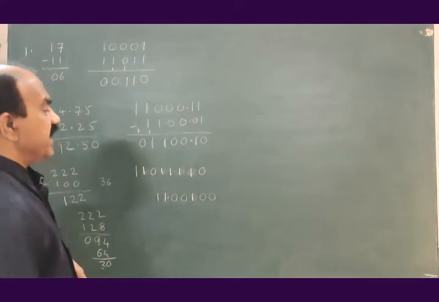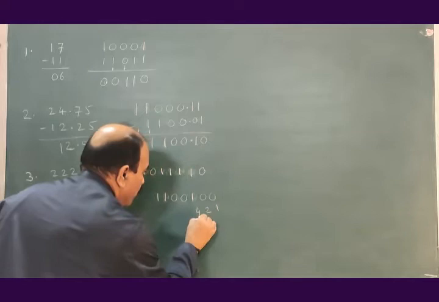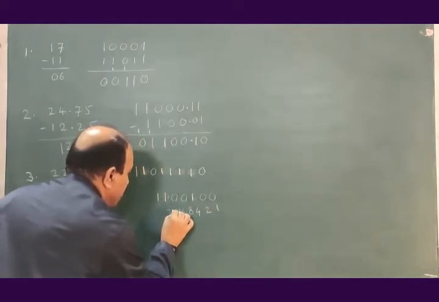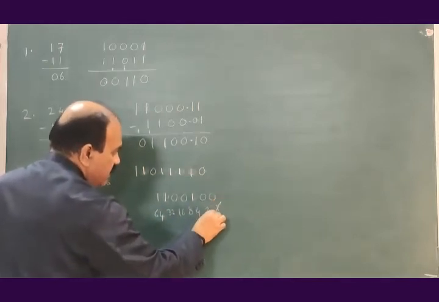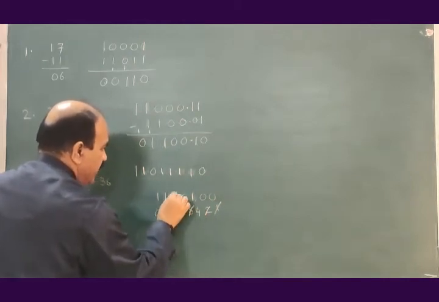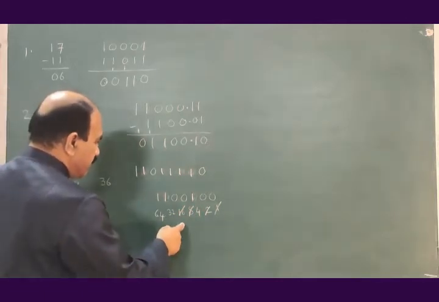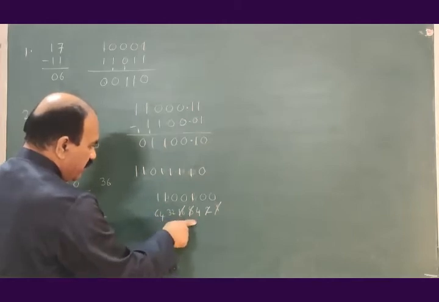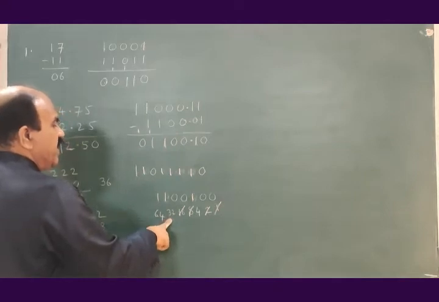Let us see whether it is correct or not. 1, 2, 4, 8, 16, 32, 64, cancel the weight for each 0. 64 plus 4, 68, 68 plus 2, 70, 70 plus 30, 100.